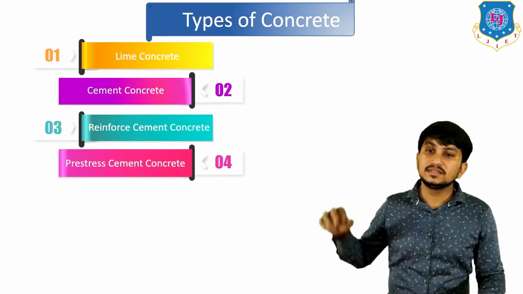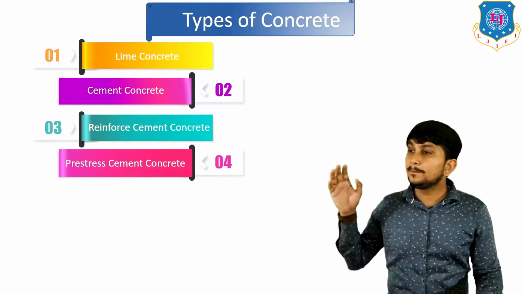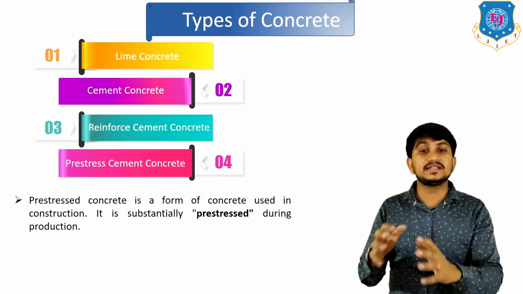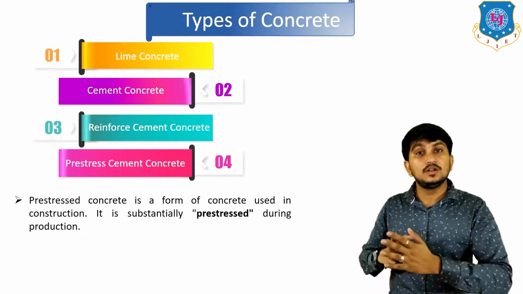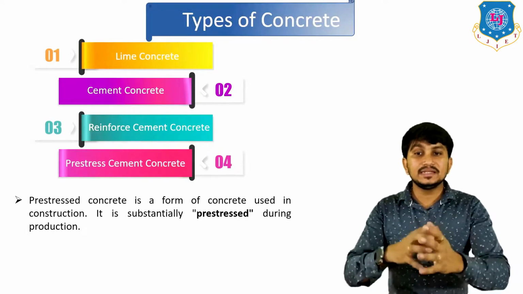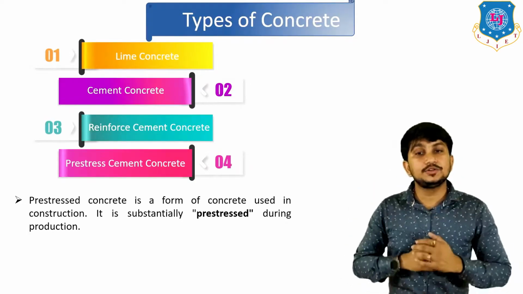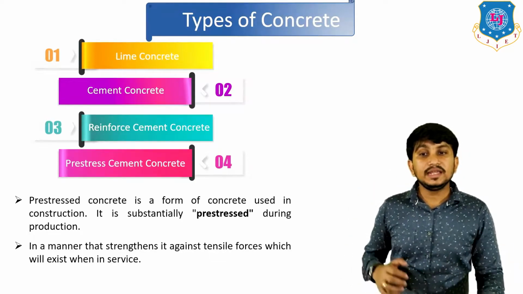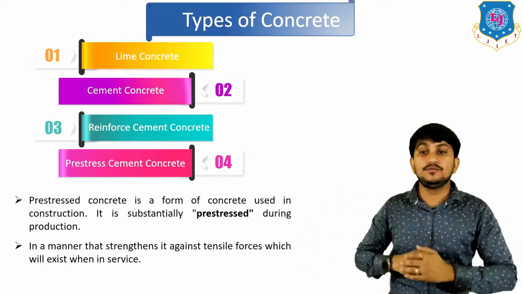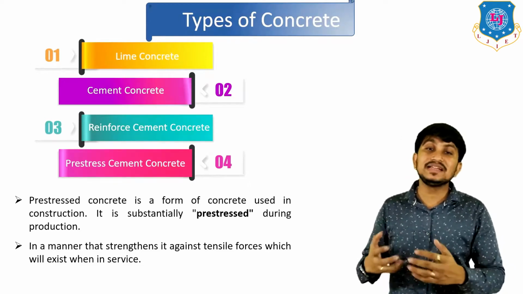Now let's discuss the fourth type of concrete, which is pre-stressed cement concrete. This pre-stressed cement concrete is a form of concrete used in construction of long beams or girders in bridges. It is substantially pre-stressed during production in a manner that strengthens it against tensile forces which will exist when in service.